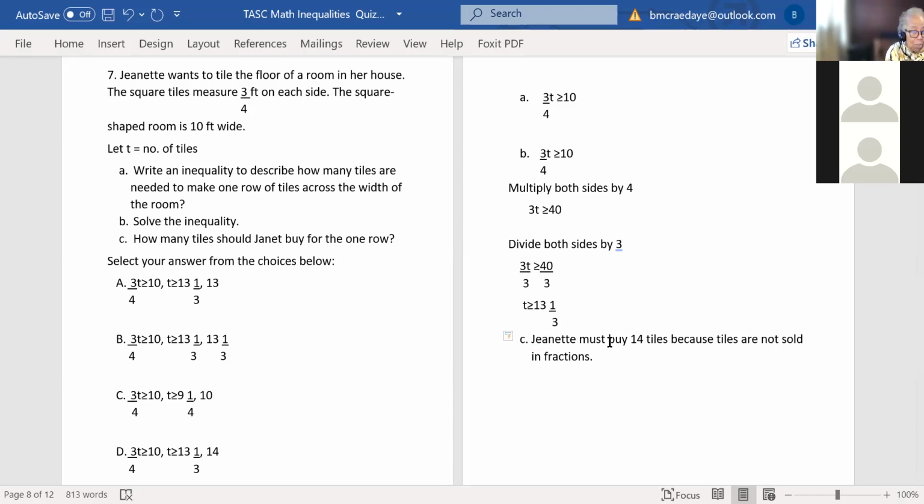So Maureen, you see why you can't round down, because you wouldn't have enough to cover what you're trying to cover, that's a row. And you wouldn't have enough to cover the row if you got less than that. Because the inequality says t greater than or equal to 13 1/3. You follow? So in this case, you got to round up.